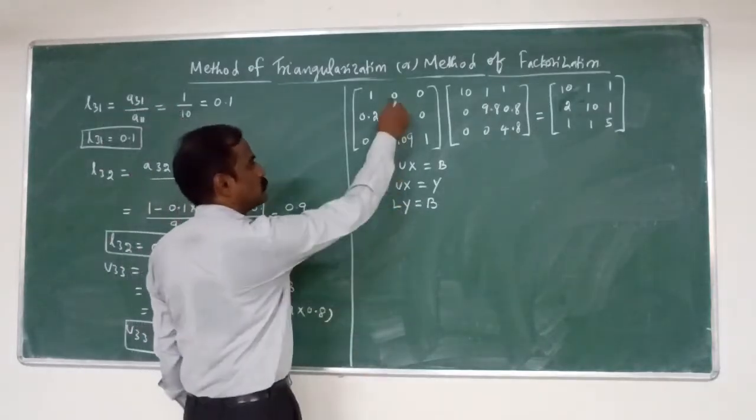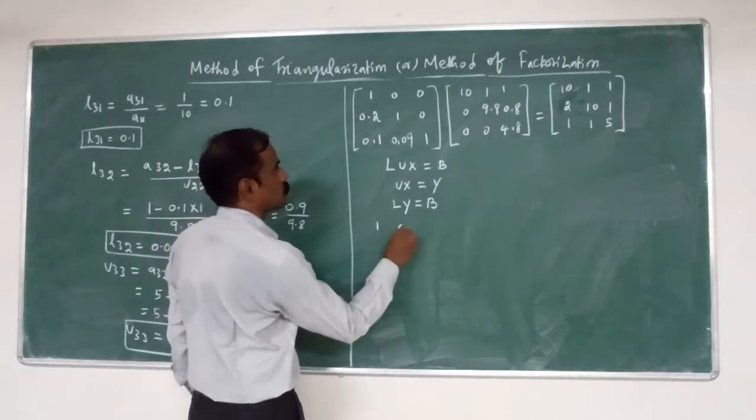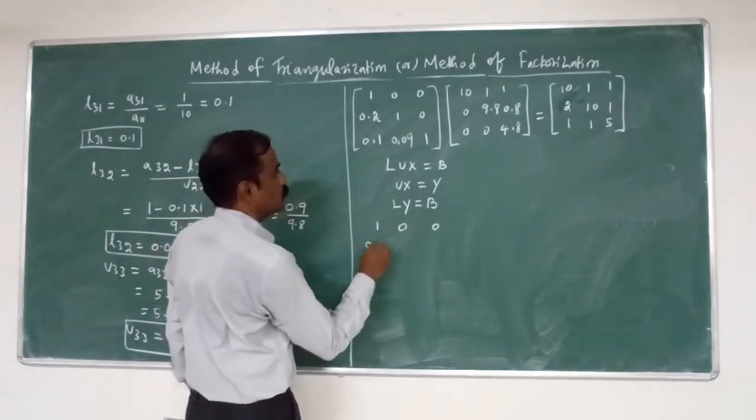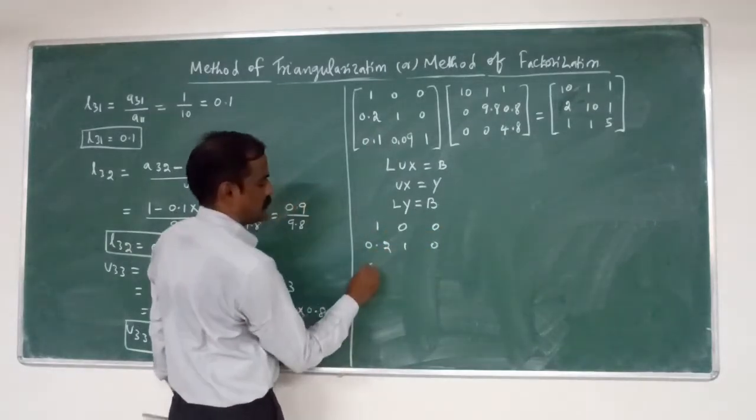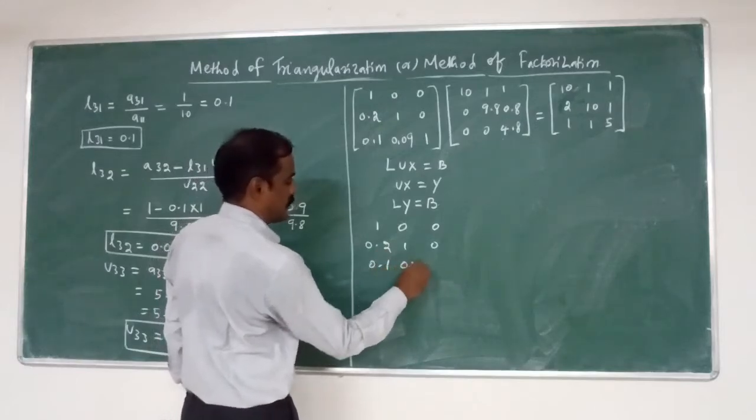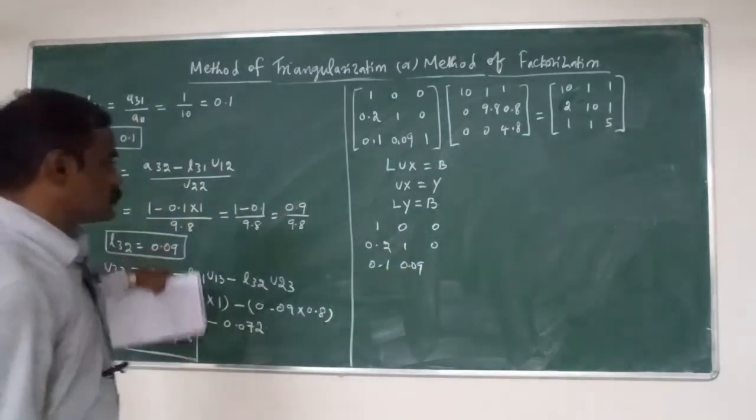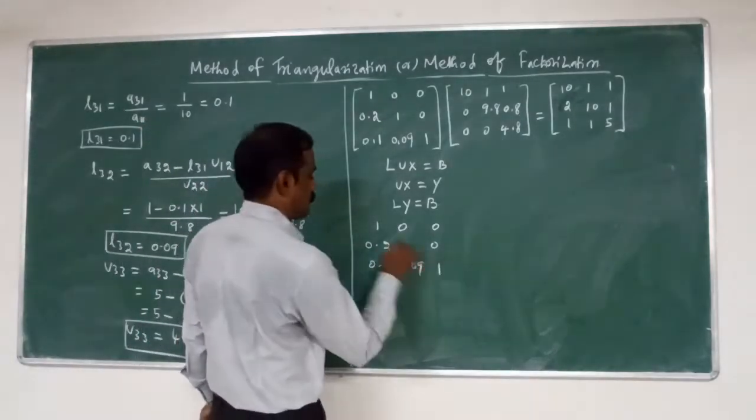Here the L value is 1 0 0, 0.2 1 0, 0.1 0.09 1.